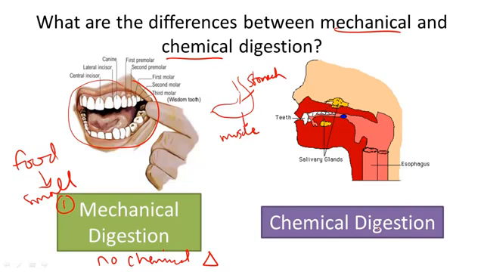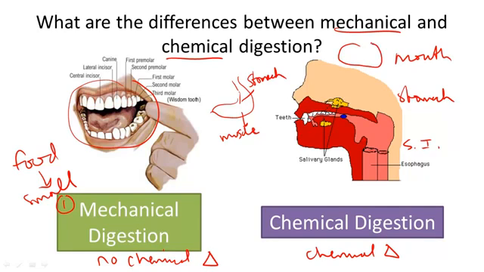The next type of digestion takes place in the mouth, stomach, and small intestines. And this is chemical digestion. Chemical digestion involves chemical changes of food. So even before you start eating, your brain actually signals for the release of certain enzymes in the mouth.